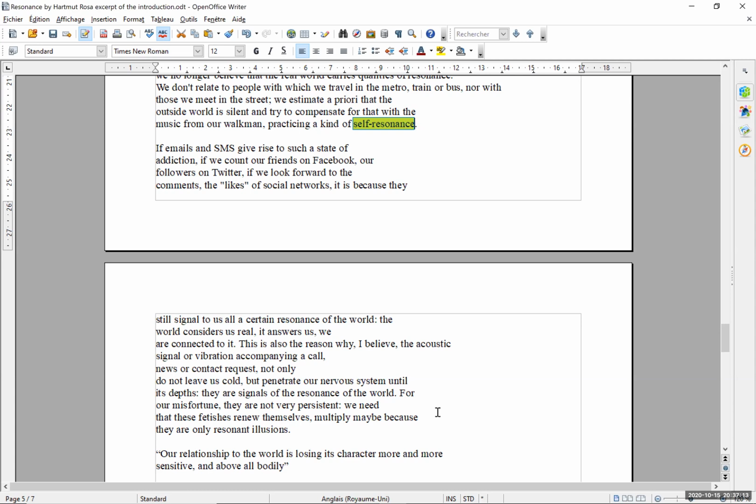This is also the reason why I believe the acoustic signal or vibration accompanying a call, news or contact requests not only do not leave us cold but penetrate our nervous system until its depths. They are signals of the resonance of the world. For our misfortune, they are not very persistent. We need these fetishes to renew themselves, multiply, maybe because they are only resonant illusions.